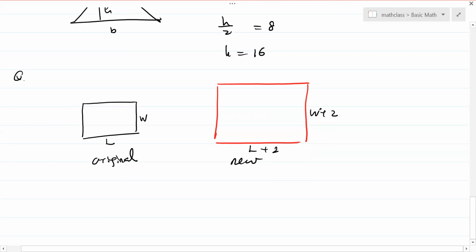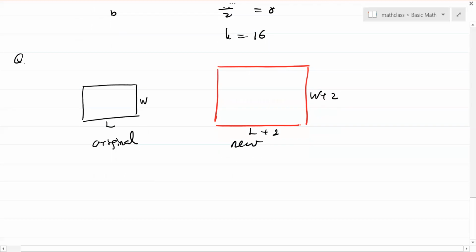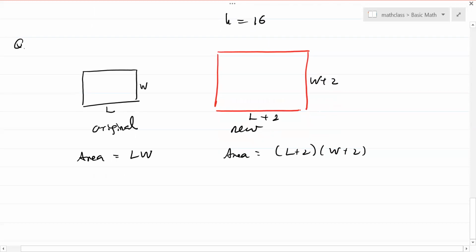Now, the numerical value of the area of the new rectangle is going to be L plus 2 times W plus 2, okay? The area of the original one will be L times W, right? And the perimeter of this one will be 2L plus 2W. Let me write down the formula here.